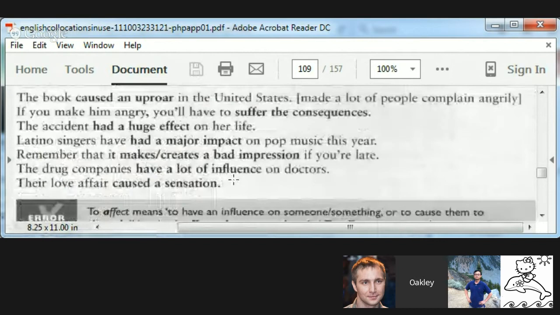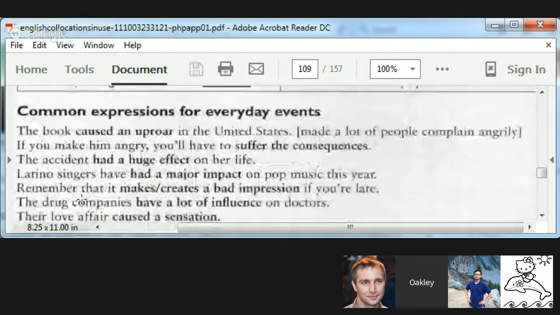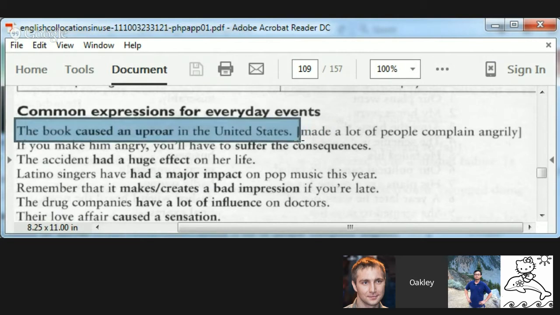Okay. Let's talk about more metaphorical, well, okay, colloquial, I guess, expressions. Let's try some of these. Okay, read this one. The book caused an uproar in the United States.